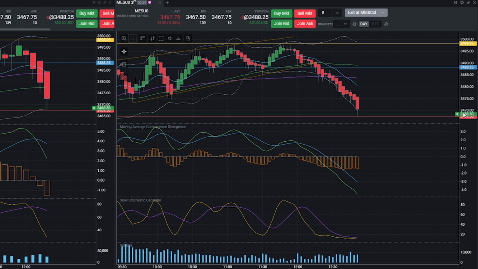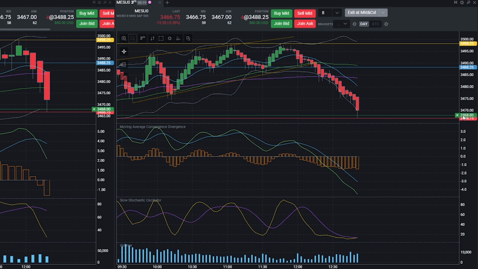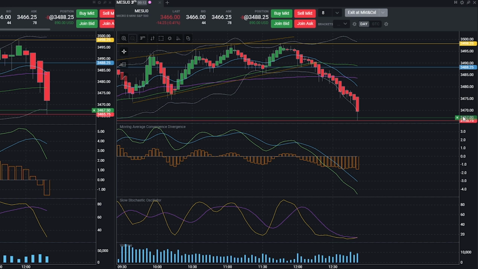Chase it here. 67. Still moving down. I'm going to just keep running with it here. I'm going to go ahead and keep on chasing as best as I can. Try to get the maximum out of this. 65.